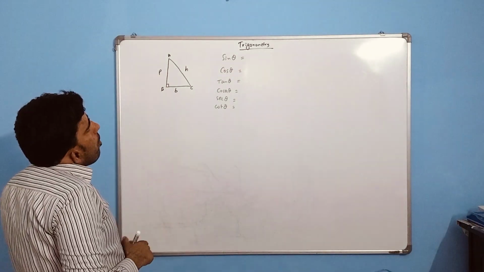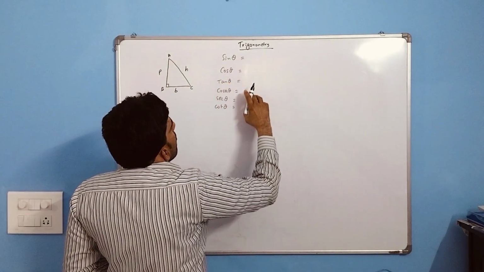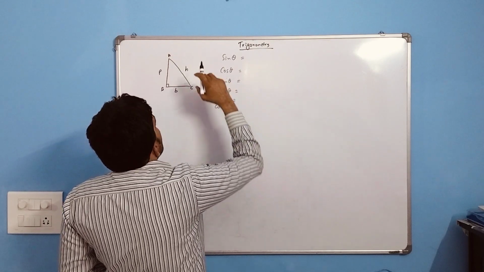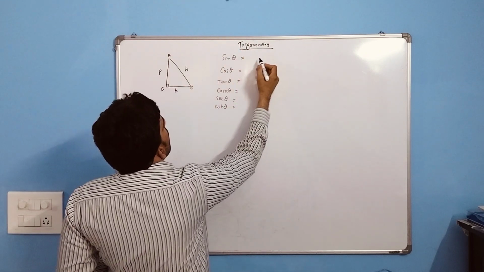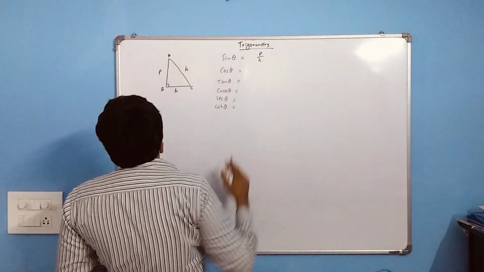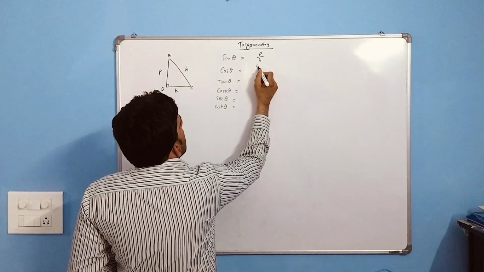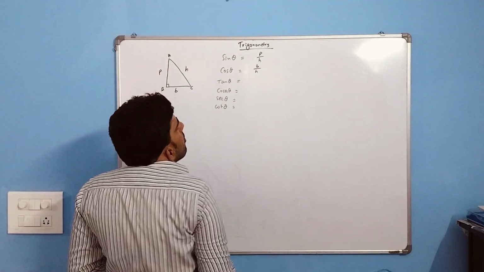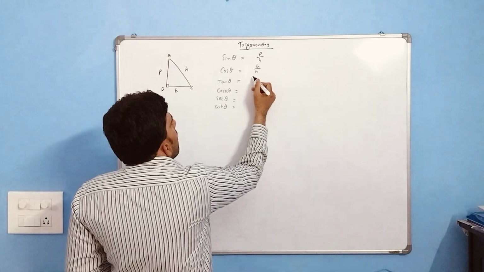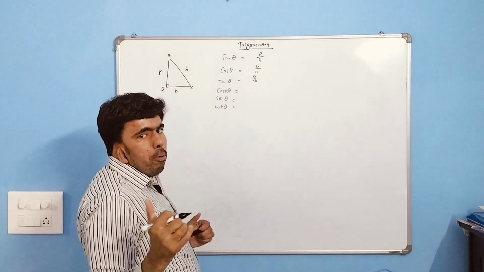Then we have to learn these ratio formulas. Sin theta is equal to P upon H, that is perpendicular upon hypotenuse. Cos theta is B upon H. Tan is P upon B, that is perpendicular upon base.